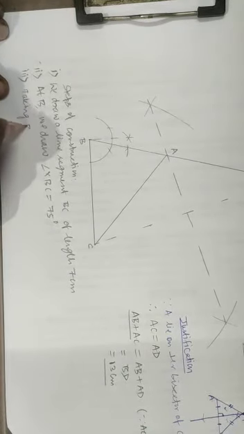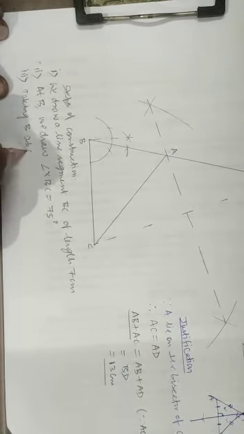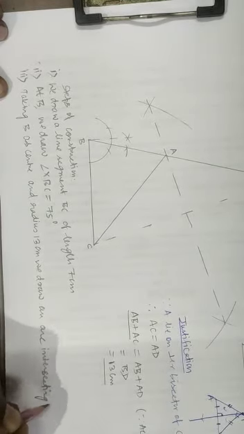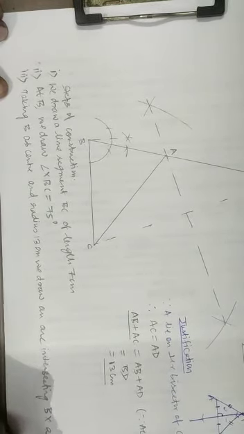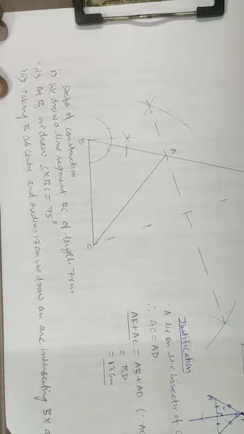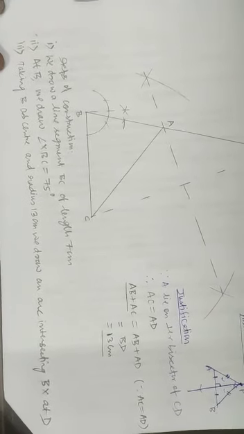Here you will write that taking B as center and radius 13 centimeter, we draw an arc intersecting BX at D. So this is what you have to write in your third step.